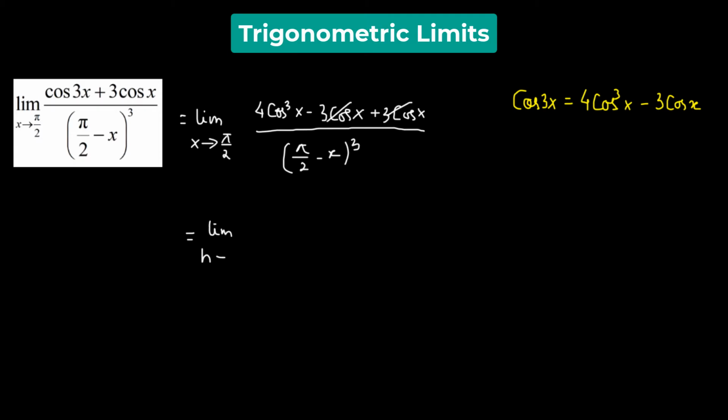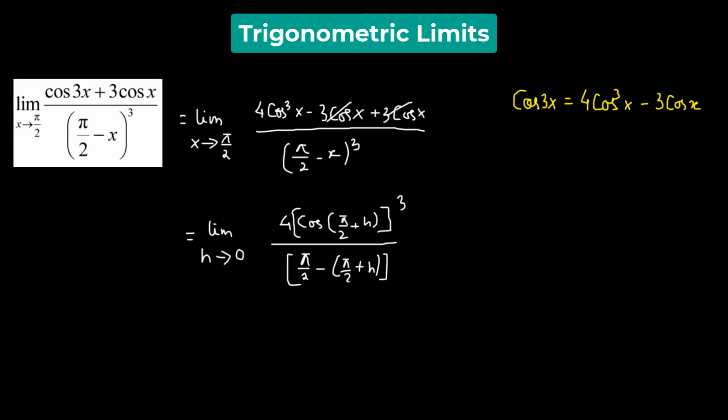So we have limit h approaching 0, 4 times cosine of (pi over 2 plus h) whole cube, divided by pi over 2 minus (pi over 2 plus h) whole cube.